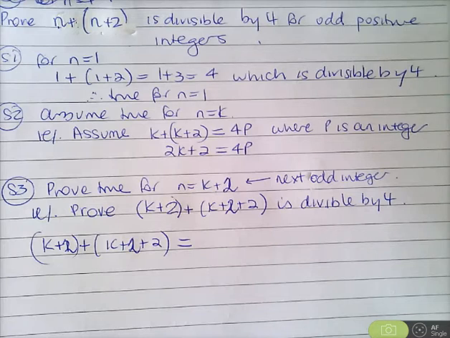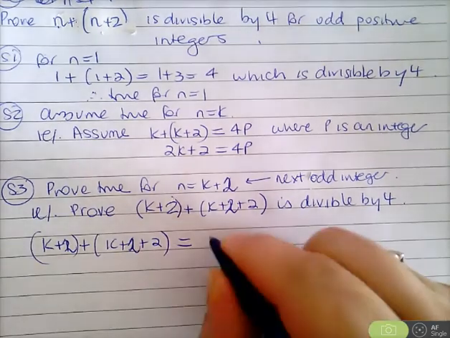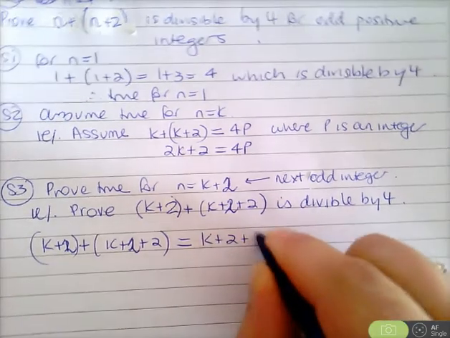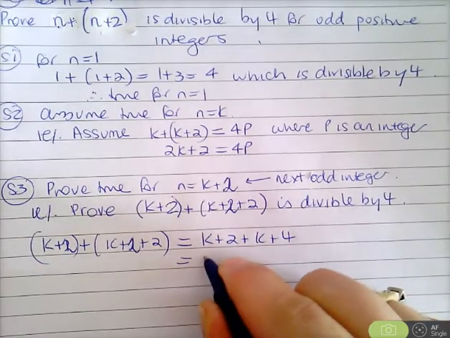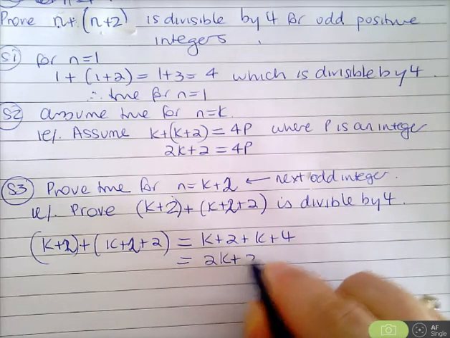So we've got that equals k plus 2 plus k plus 4, which happens to be 2k plus 2 plus 4.